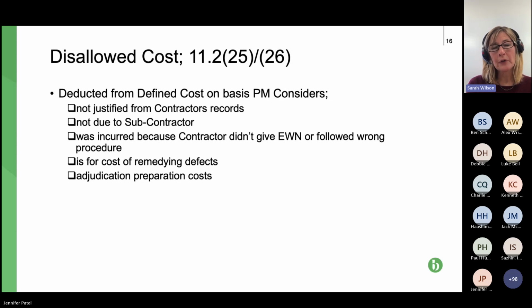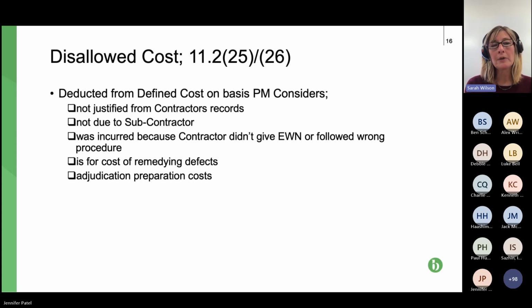So the first one is something that's not justified from the contractor's records. For example, if you claim some bricks and there's no invoice, or there's no record of any bricks having been installed into the project, that can be deducted. It's pretty logical.